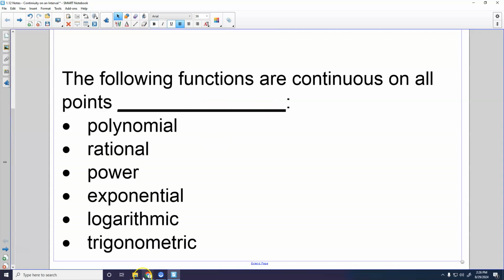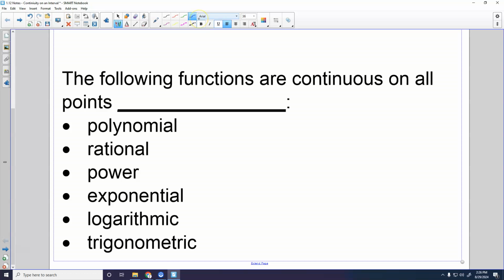I think it's except something. What expression would we know is not continuous? I'll show you here in a second.